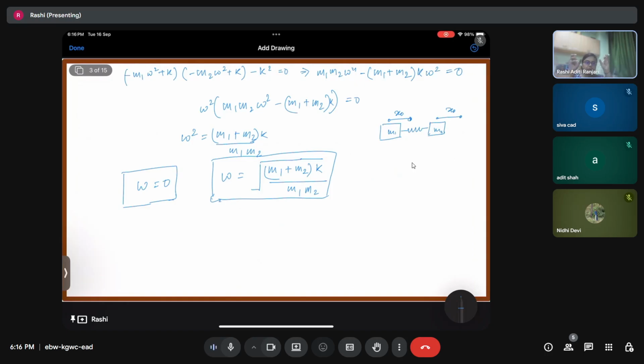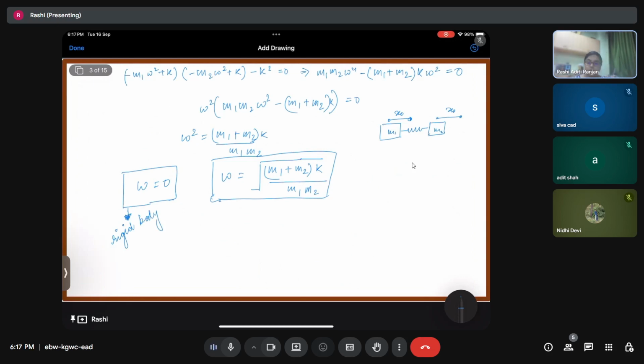I'll pick up the mass, put it like this. Nothing is happening to the system, which means that the frequency is 0, which means that my system is behaving like a rigid body, right?